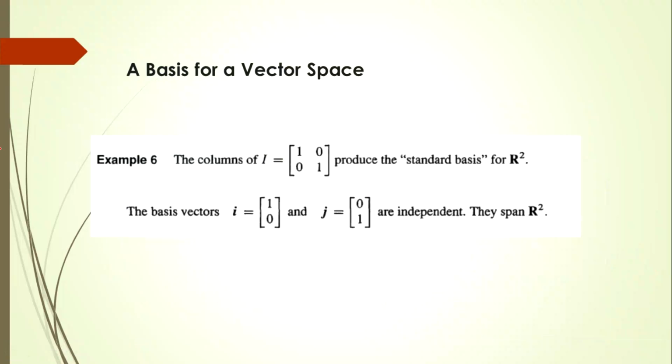And we discussed this example 6 last time. The two columns from I2 are independent columns, and they produce the standard basis. Standard basis means they are unit vectors. Their length, the vector length, is 1.